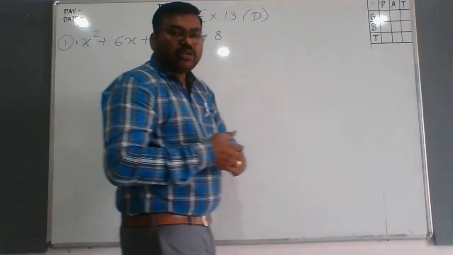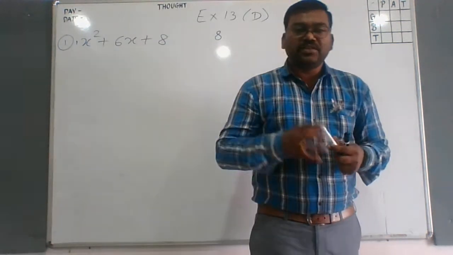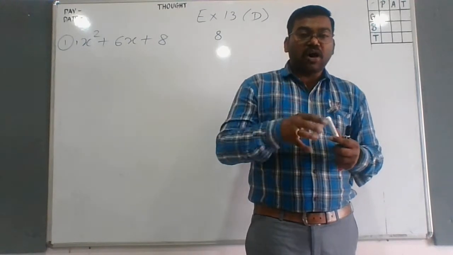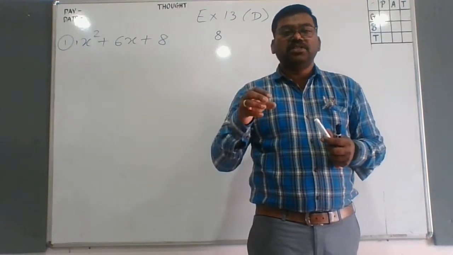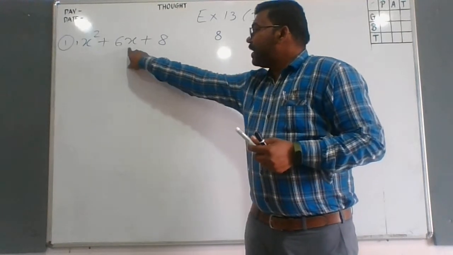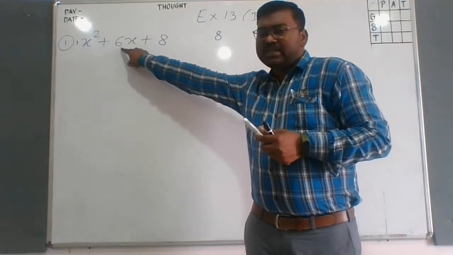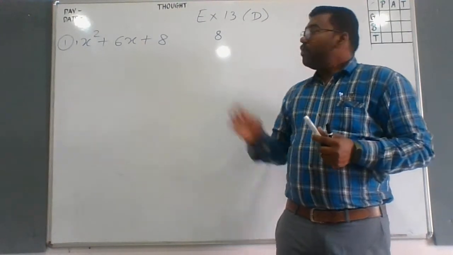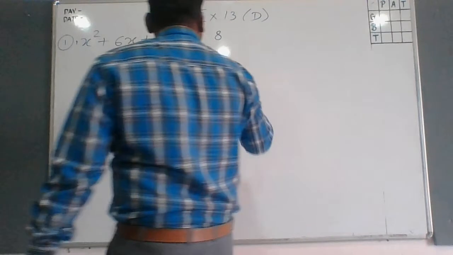Now we are going to find the factors of 8 in such a way that their addition or subtraction must be the middle term. What is our middle term? 6x, or for factorization we can consider 6.